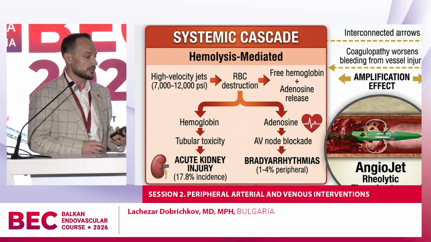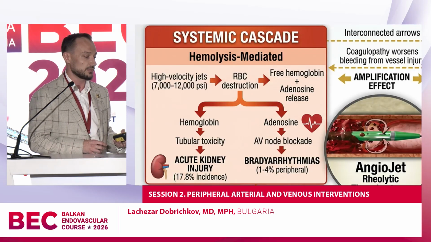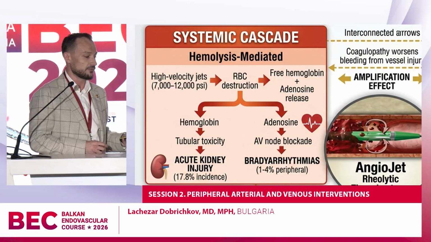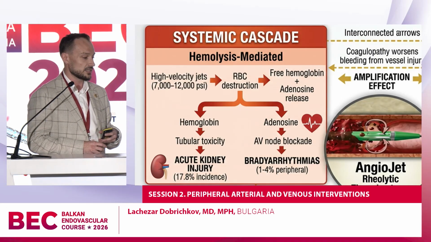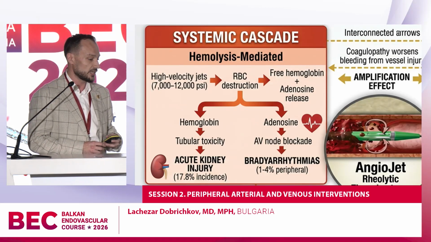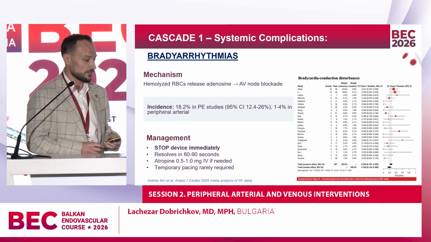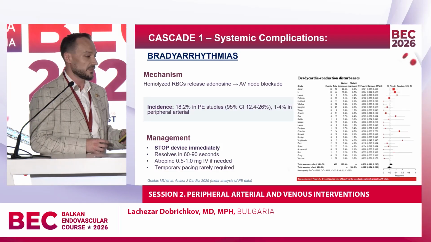It's hemolysis mediated, and the high-velocity jet streams destroy the red blood cells, which leads to release of free hemoglobin and adenosine. The hemoglobin is toxic for the kidney, so it could lead to acute kidney injury, and the free adenosine release leads to bradyarrhythmia. Let's start with the bradyarrhythmia.